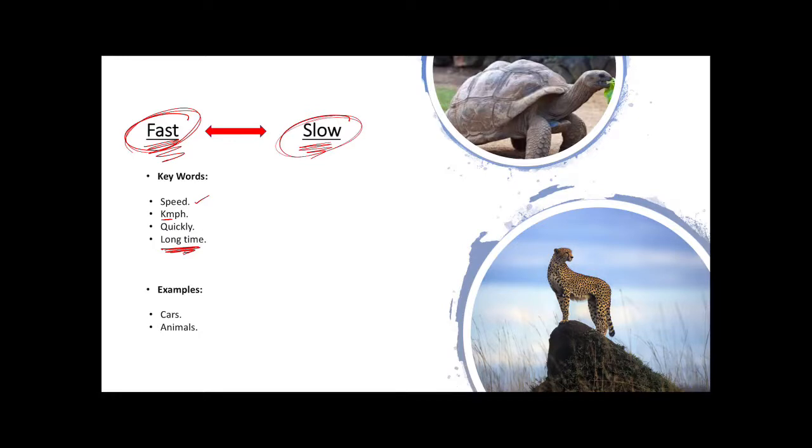A lot of examples for fast and slow coming with cars and coming with animals. The two pictures we have, this one here, definitely very, very slow. This one here, very, very fast.